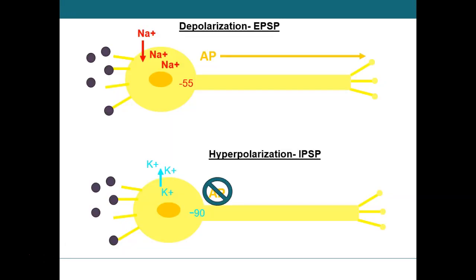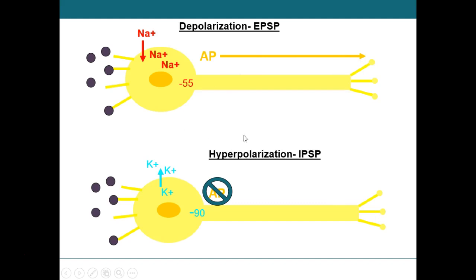This is just a simplistic look at the two terms we just talked about, the excitatory versus inhibitory postsynaptic potentials. So the neurotransmitter here was released into the synaptic cleft. When it binds to receptors on the postsynaptic cell, it causes sodium to come into the postsynaptic cell. The cell depolarizes and an action potential is fired.